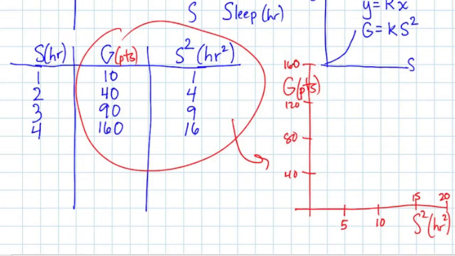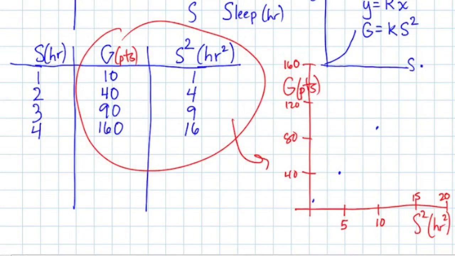You get the idea. The points that we want to plot are 1 and 10, which is going to be maybe here. Then we're going to have 4 and 40, which is like here. We're going to have 9 and 90, which is approximately here. And we're going to have 16 and 160, which is all the way up here.